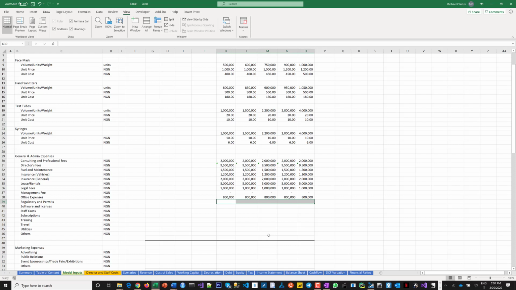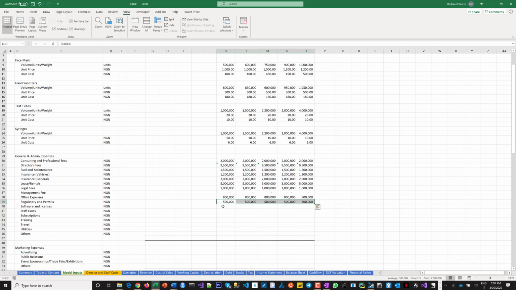For regulatory fees and permits, in the healthcare industry, maybe there are some bodies they have to pay yearly, maybe the Standards Organisation of Nigeria, NAFDAC. Let's peg that at 500,000 a year.